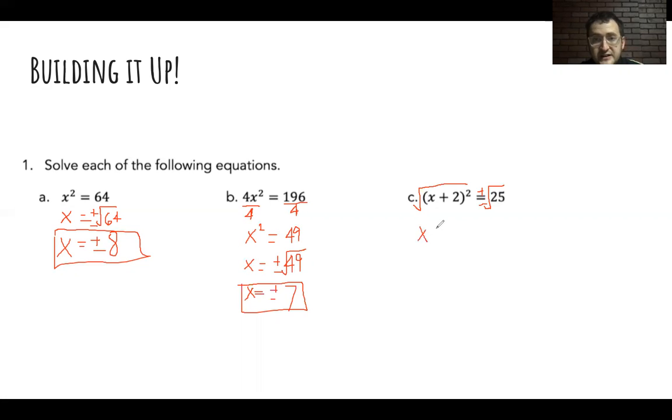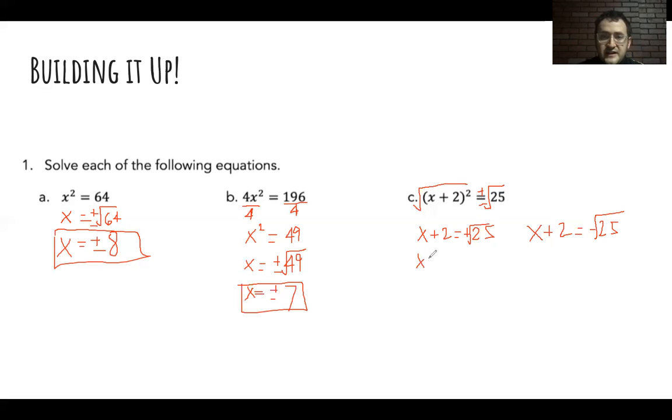So I have x plus 2 equals plus 5, or x plus 2 equals minus 5. Don't forget to square root on there.